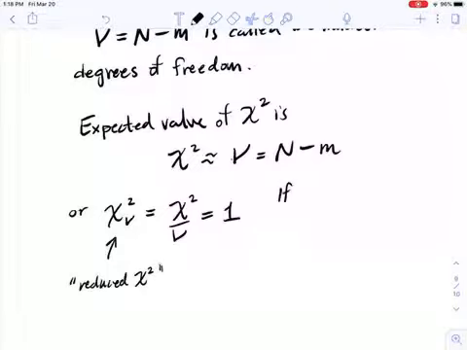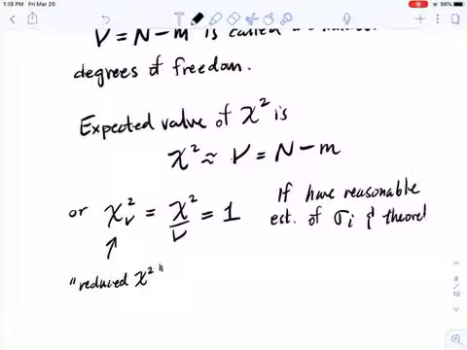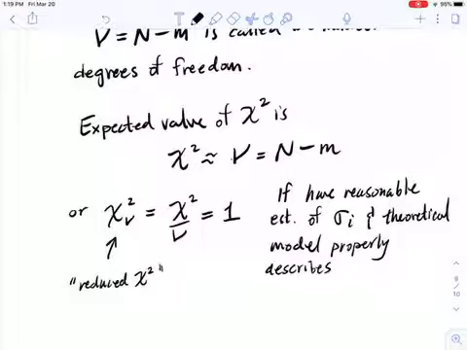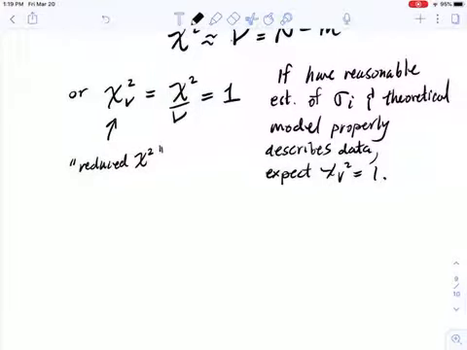So if we have a reasonable estimate of sigma_i and our theoretical model properly describes the data, we expect the reduced chi-squared to be about equal to 1.